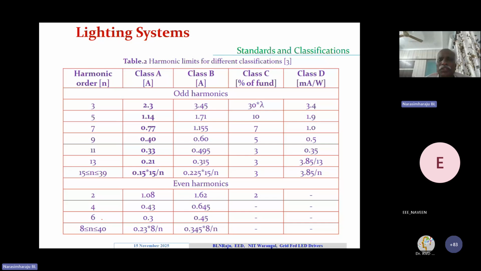If we look at what these standards say, it is especially with respect to harmonic order and THD, total harmonic distortion, which is acceptable as per the class C standard for lighting applications. That is the distortion with respect to the type of harmonics present in that power circuit.